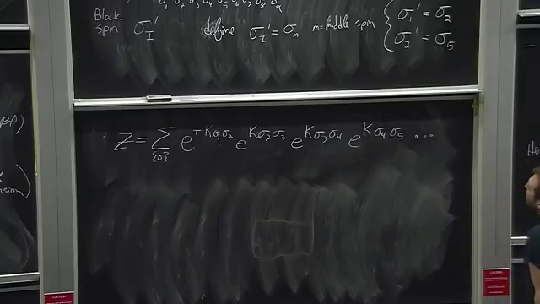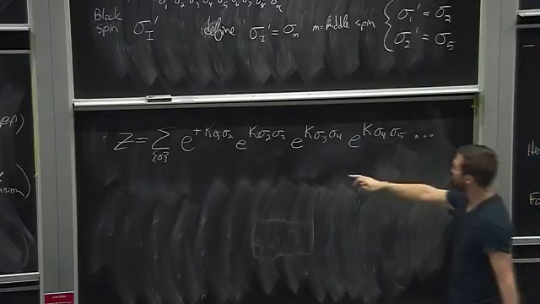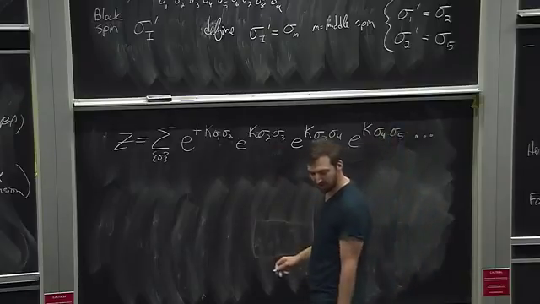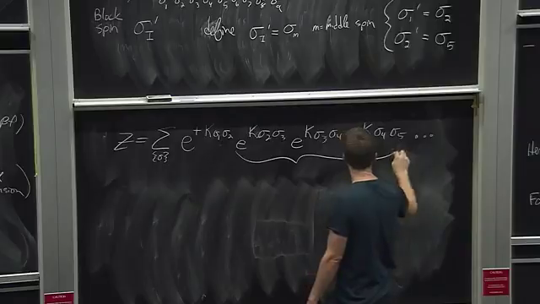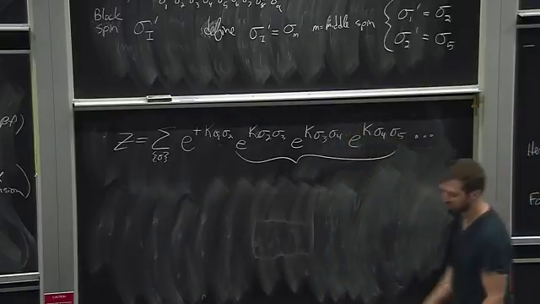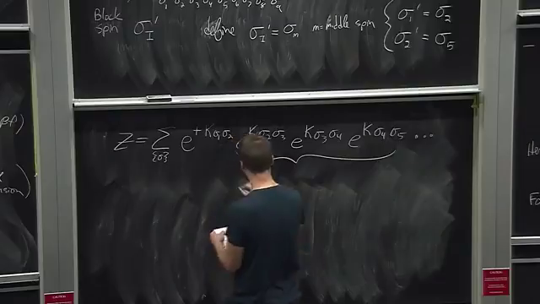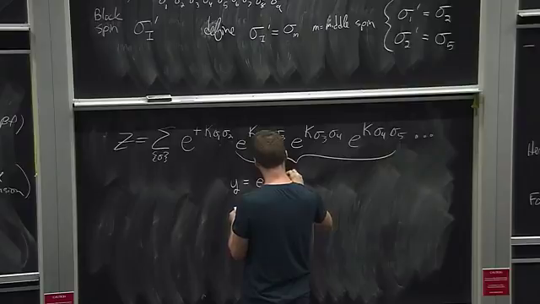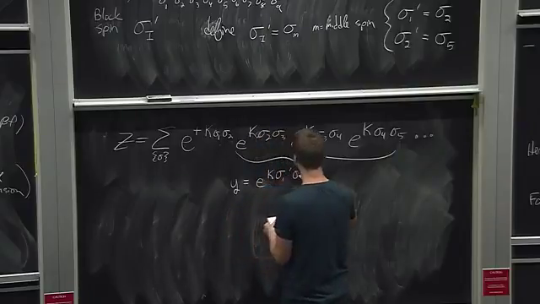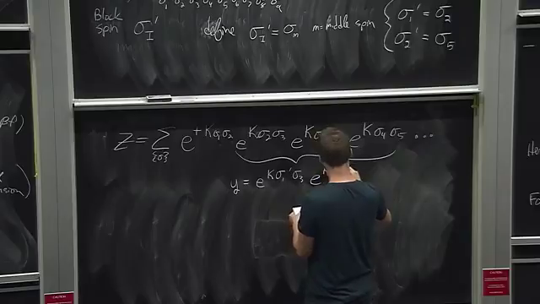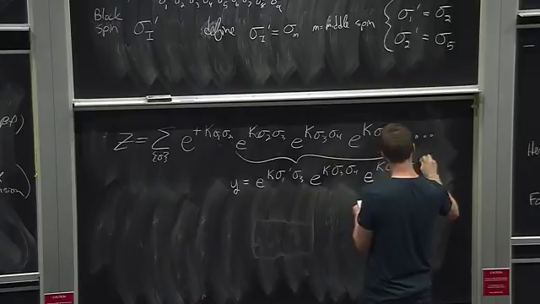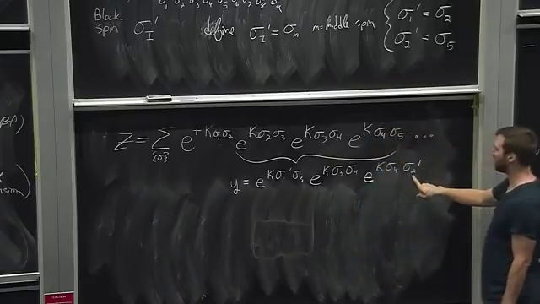So the first position my block spin occurs, sigma 1 prime, is here. Okay, so I'm going to have to take the trace over this object. Let me look at these 3. Basically all I'm doing is the trace now. Sigma 1 prime is sigma 2, and sigma 5 is sigma 2 prime.